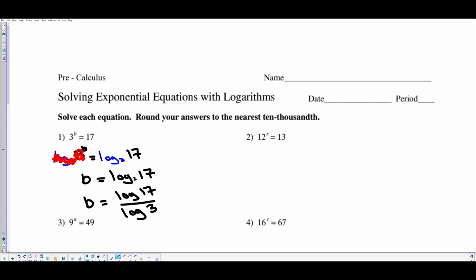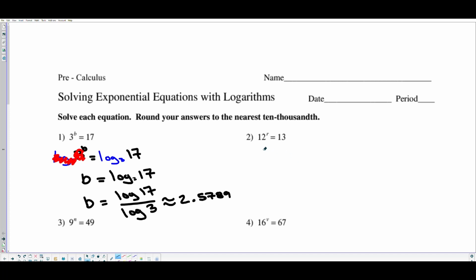So I'm going to type in log 17, close the parentheses, divided by log 3, close parentheses, and you get approximately 2.5789. So this is approximately 2.578. That's B.